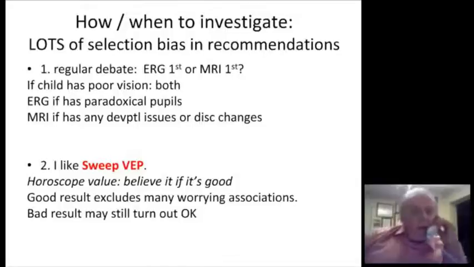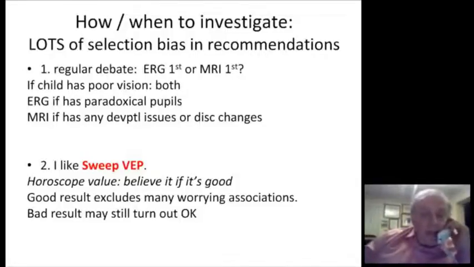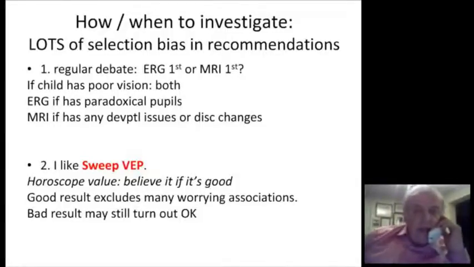Now, how and when to investigate? I enjoyed hearing Avery's comments, but there's a lot of selection bias in any list of recommendations. Ever since I was an ophthalmology resident, there's been a regular debate: should the baby with nystagmus have an ERG first or an MRI first?